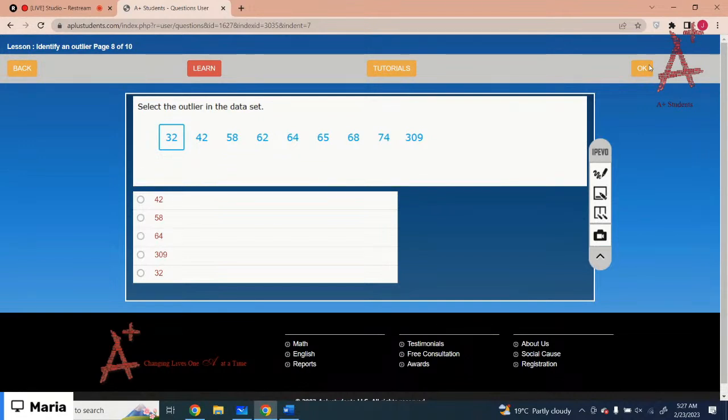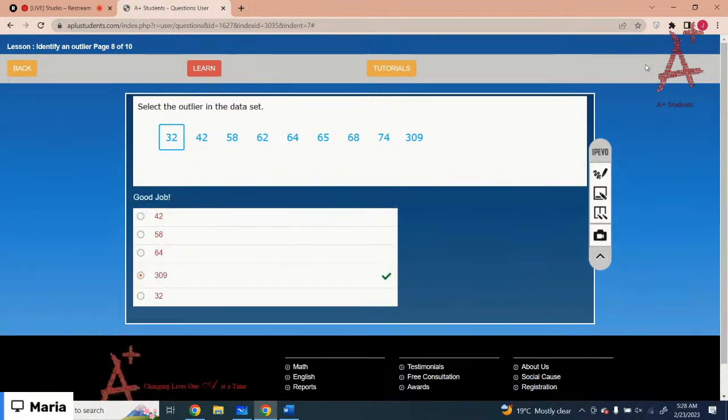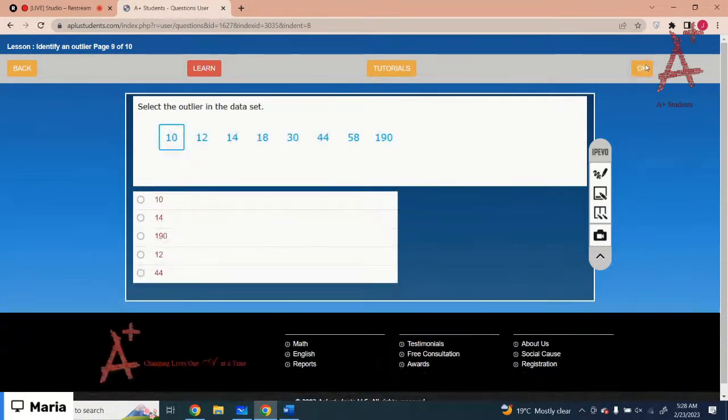Select the outlier in the data set. So which is the outlier? 309 is the outlier. Got it? So the correct option is 309. Select the outlier in the dataset.